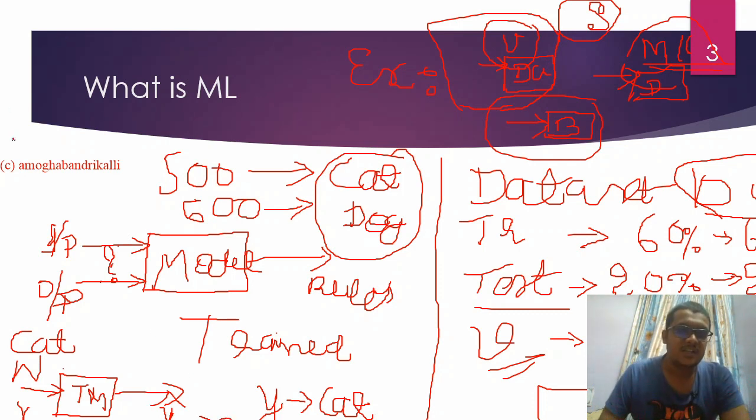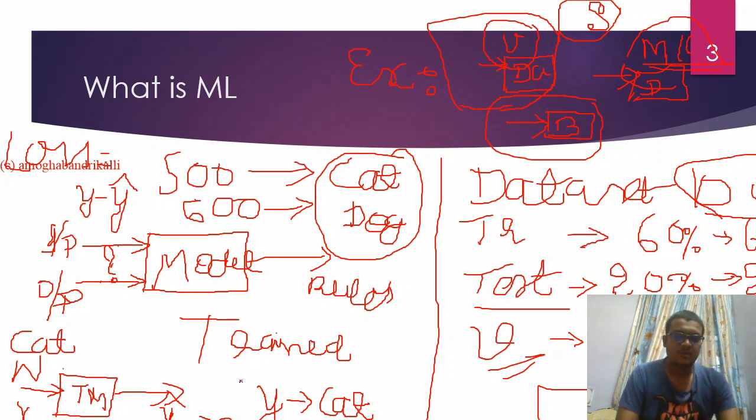Now what does loss or accuracy actually mean? It is the actual output minus the predicted output, where the predicted output is what the machine predicts. If the machine also says it is a cat, then the loss for this output will be 0. Next you give a dog image.